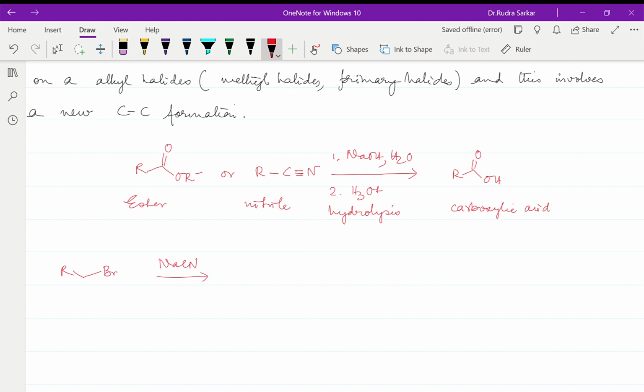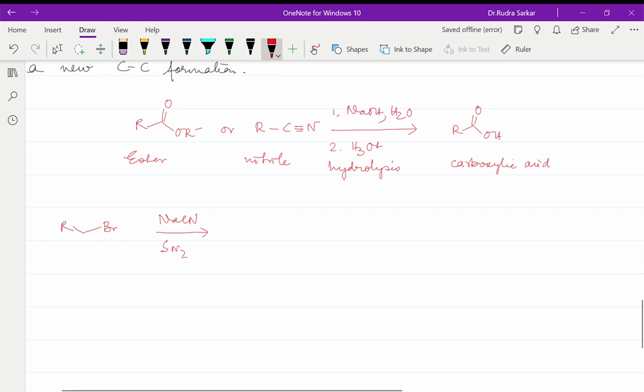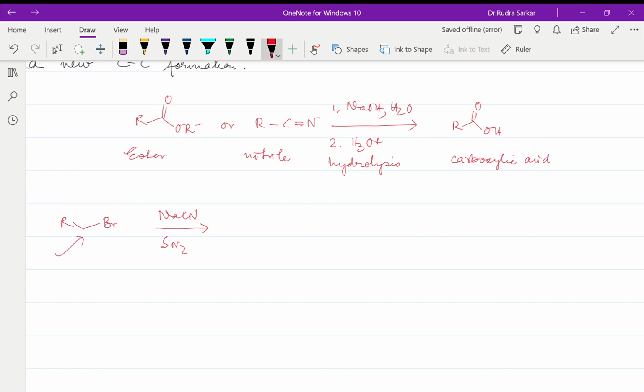So we will use NaCN, and the mechanism operating over here is a nucleophilic substitution SN2 type that leads to the formation of the alkyl nitrile, which now we can think undergoes hydrolysis in presence of the basic medium, and then worked up with the acidified water to give us the following carboxylic acid.